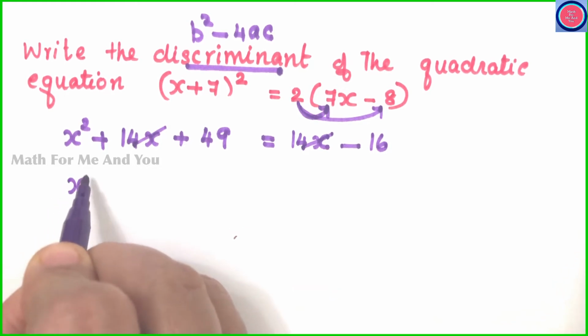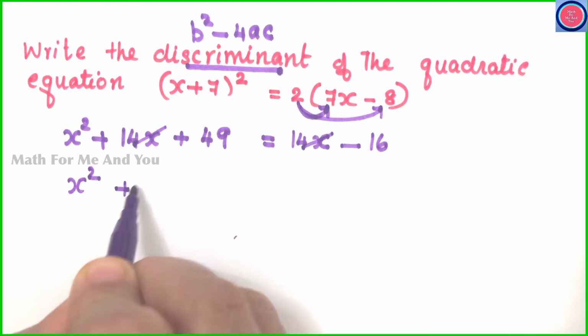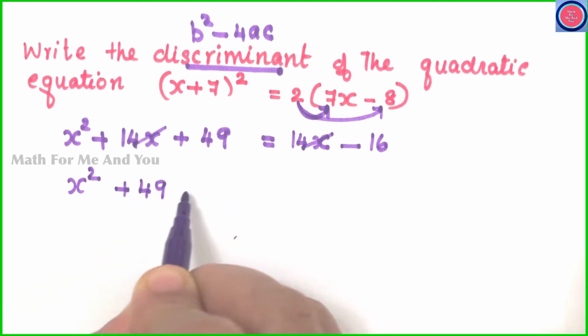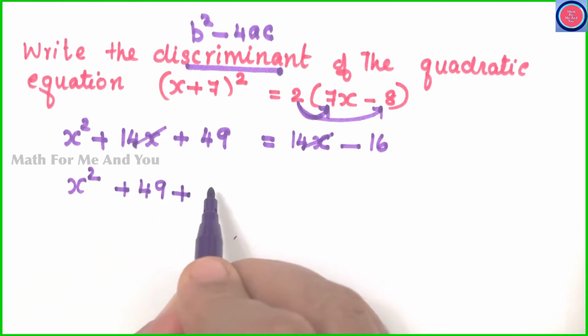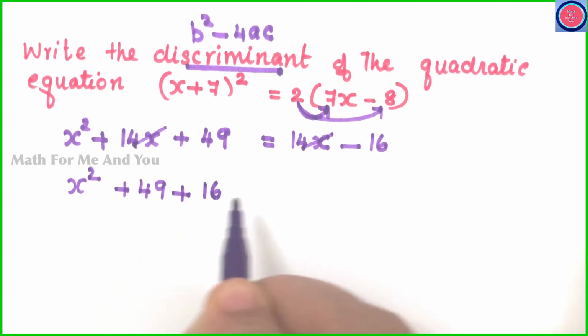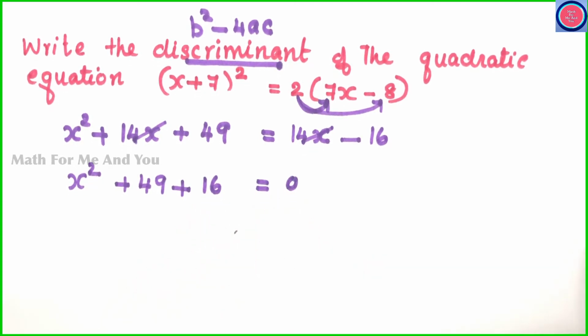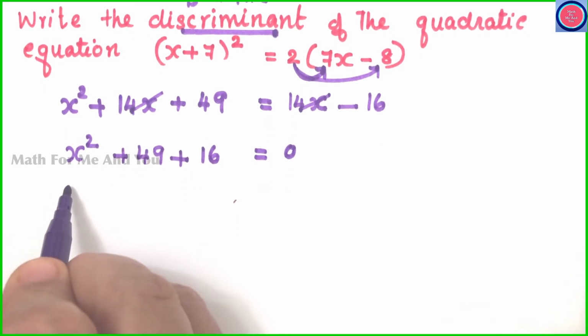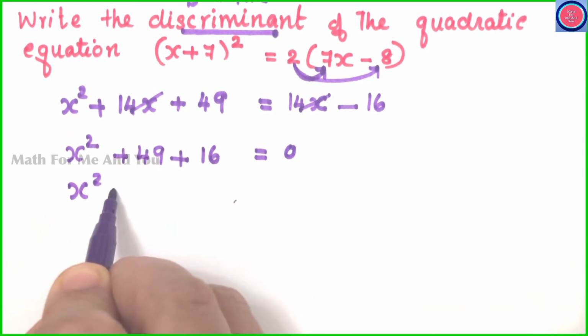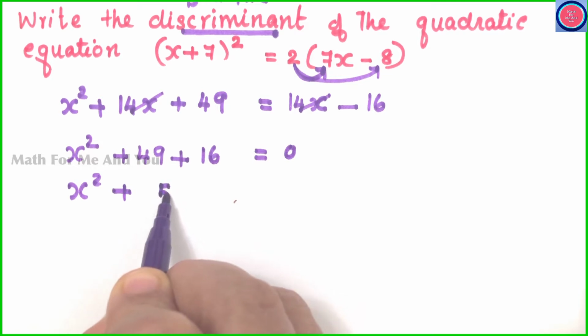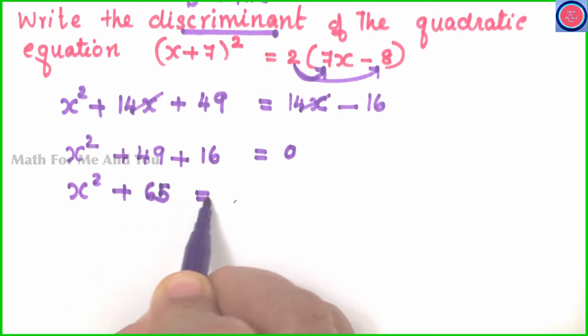Then the remaining terms x square plus 49 minus 16, we can move to the left side, it becomes plus 16, equal to 0. 49 plus 16, what answer do we get? x square, and then 49 plus 16 is 65, equal to 0.